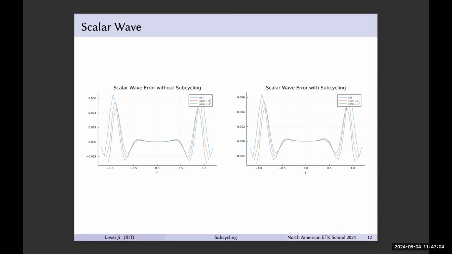And this is the radial direction, and the y-axis is basically the numerical error of the evolution. These three curves correspond to the resolutions, and we can see that the convergence and the error agree pretty well between these three.